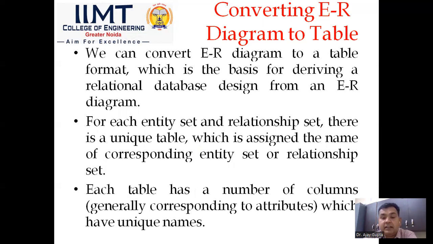For each entity set and relationship set, there is a unique table which is assigned the name of the corresponding entity set or relationship set. Each table has a number of columns, generally corresponding to attributes, which have unique names. What it means is that all the entity sets and the relationship sets are converted into different tables.